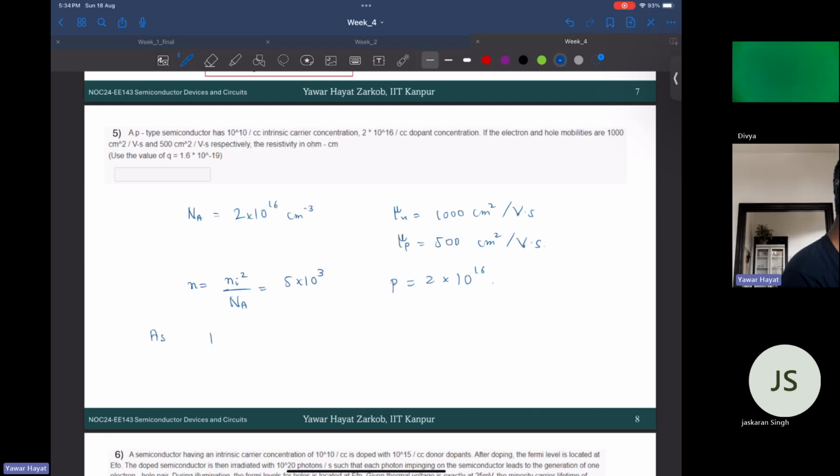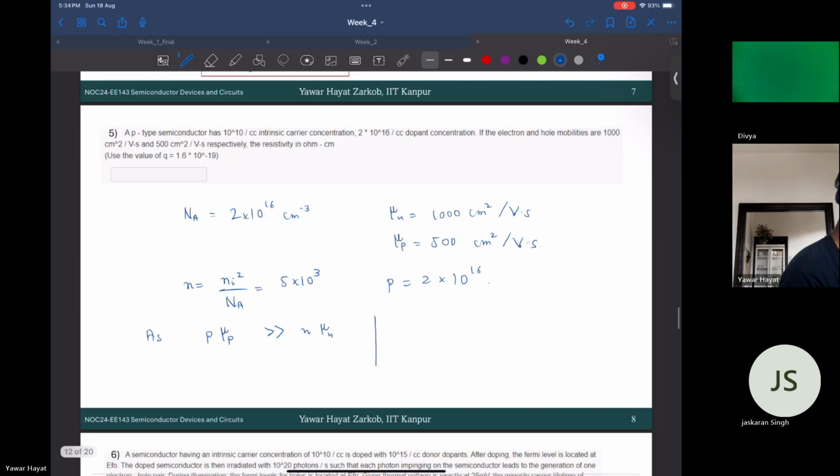Now, as your P mu P is greater than N mu N, your rho is approximately 1 by P mu P Q, right?